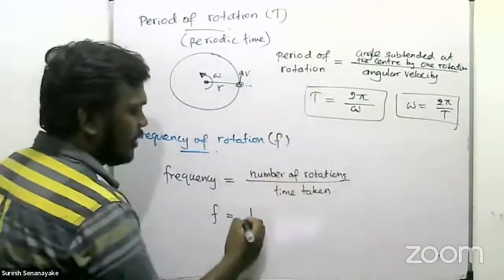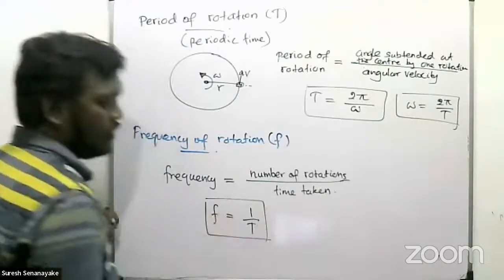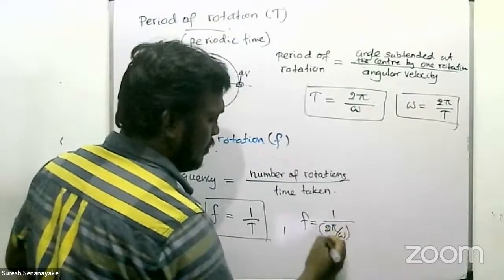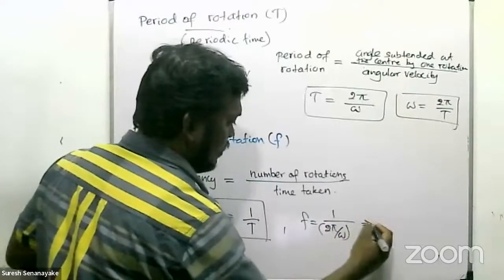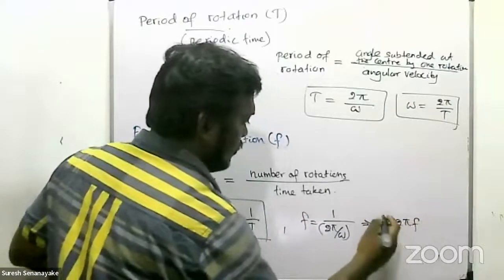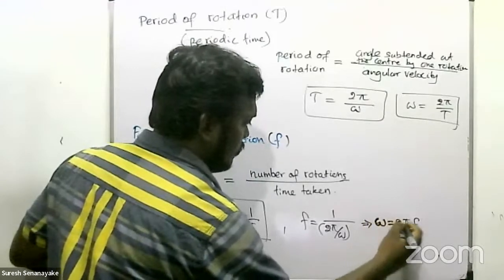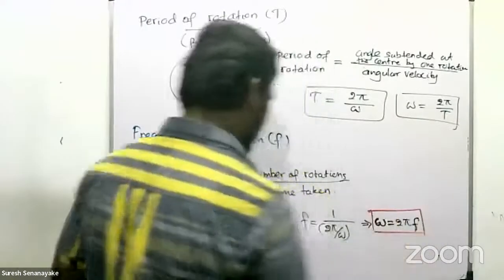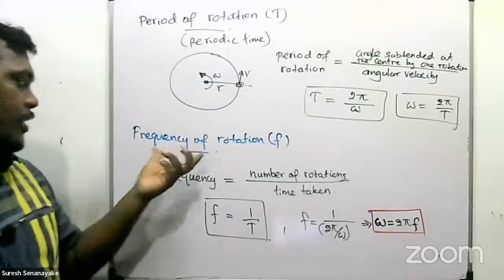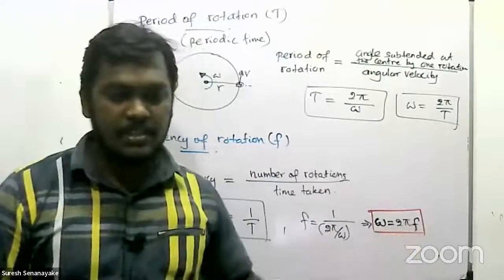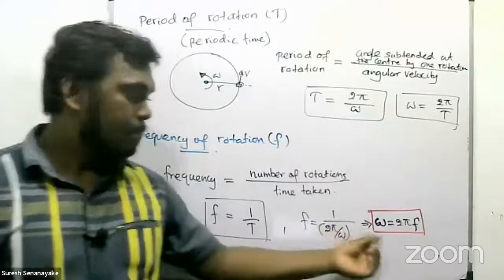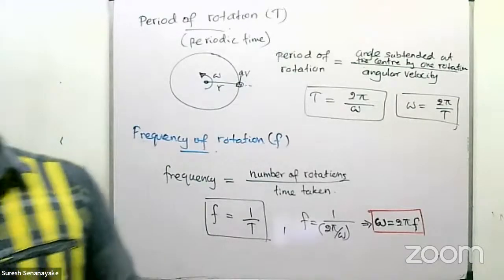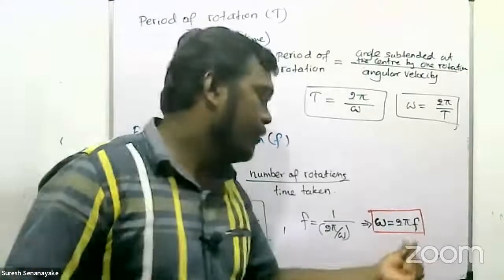For one rotation, the time taken is capital T. So f equals 1 over T, and 1 over T is omega over 2π. So omega equals 2π times f. This is also called angular frequency, because angular velocity is the same as angular frequency; since 2π is a constant, omega is proportional to f. So omega can be expressed as an angular frequency.